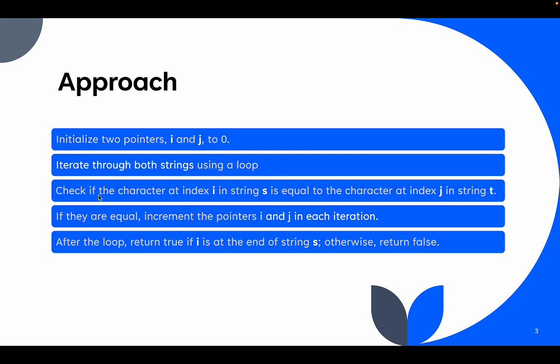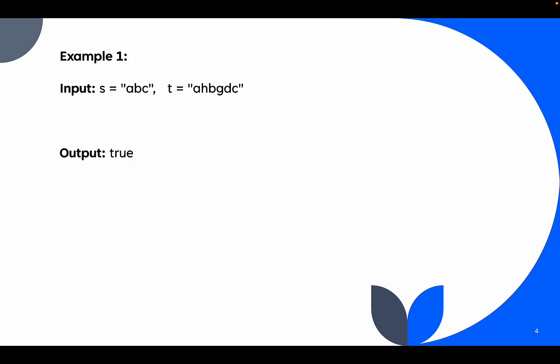Inside the loop, we check if the character at index I in string S is equal to the character at index J in string T. If they are equal, we increment I. We increment J in each iteration. Finally, if I reaches the end of string S, this means all characters of S have been found in the correct order within T, and the function returns true. Otherwise, it returns false. Let's see this in a real example.